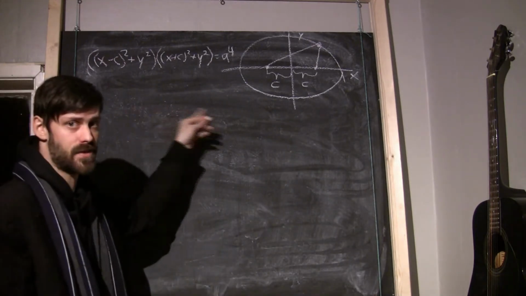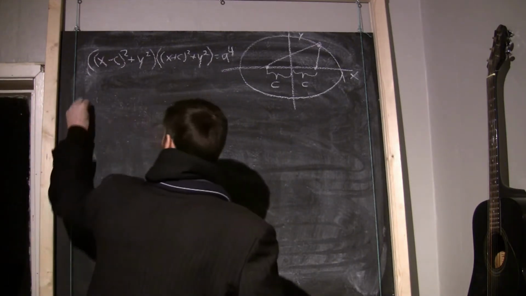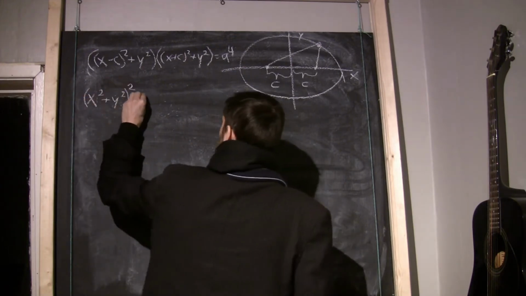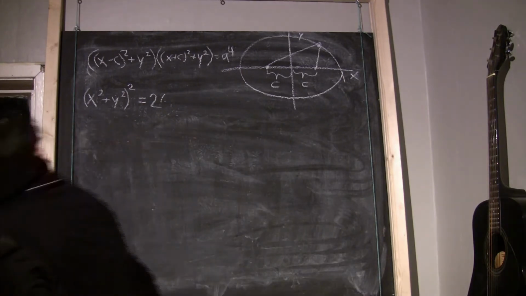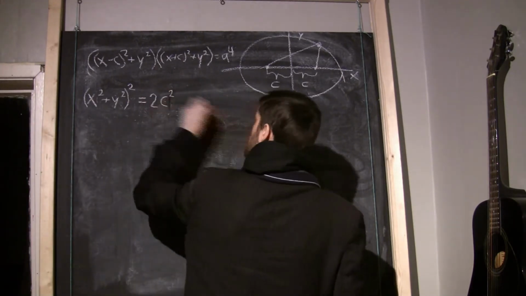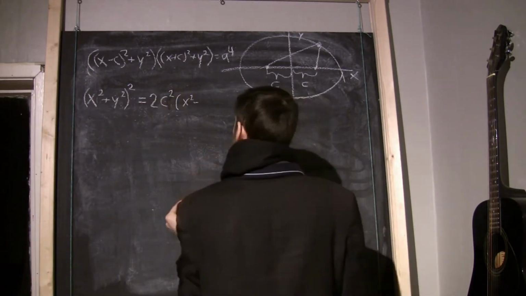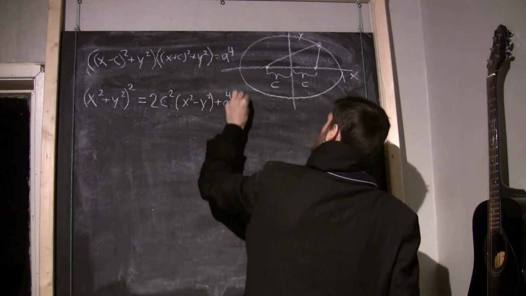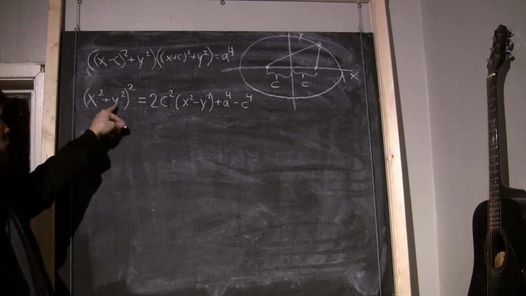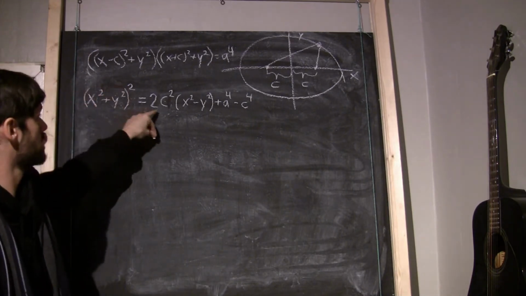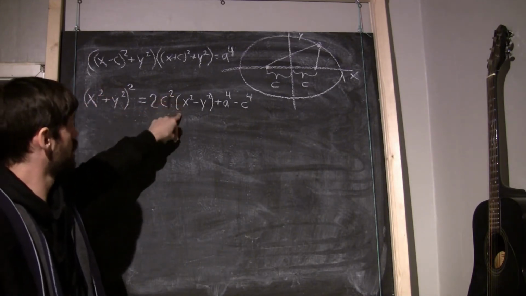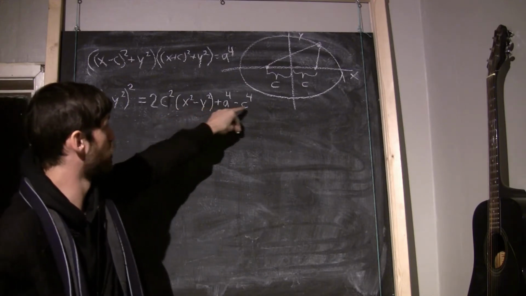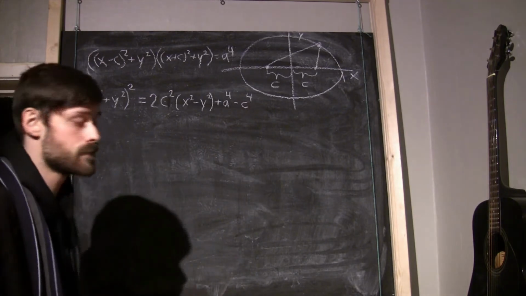when expanding this thing, we get that x squared plus y squared is equal to 2c squared times x squared minus y squared plus a to the fourth minus c to the fourth.